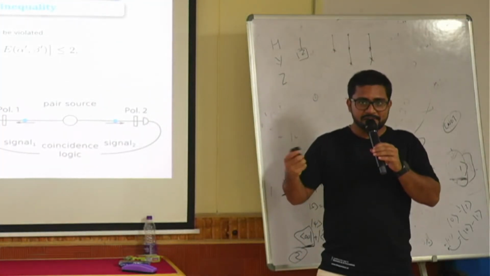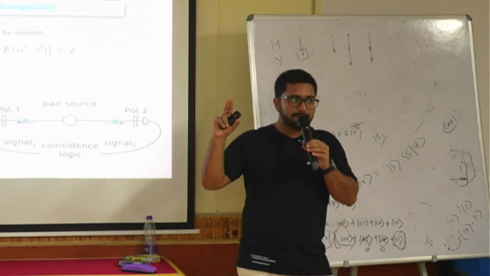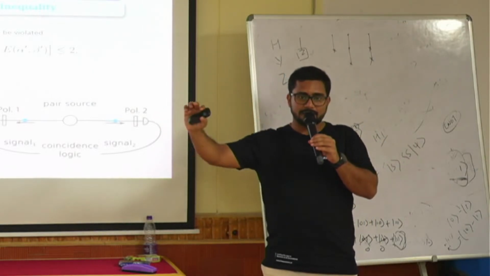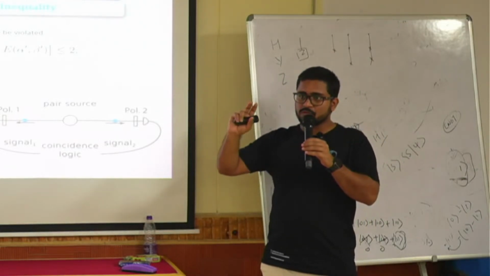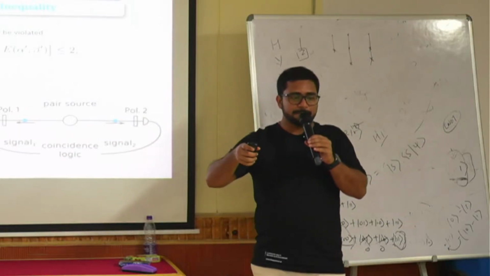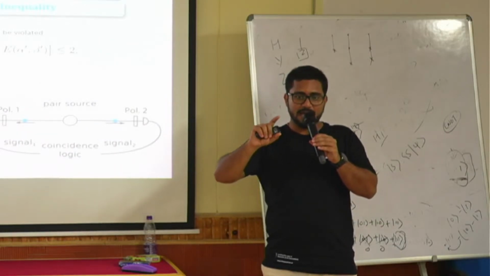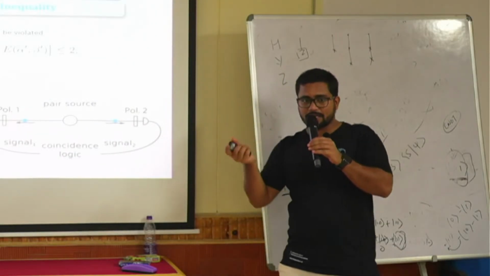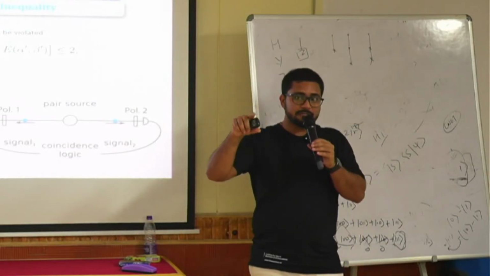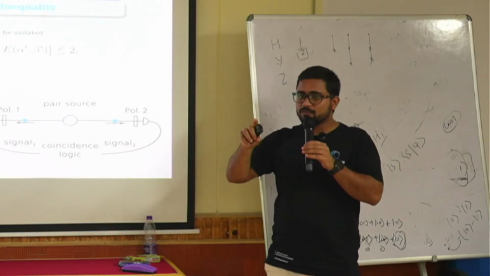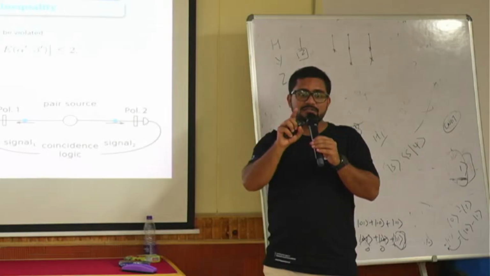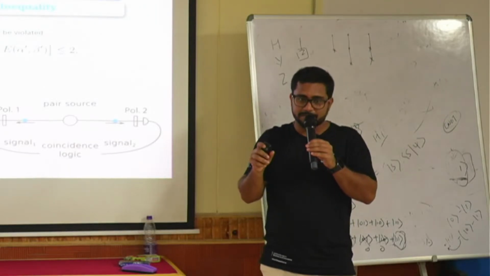So how will we measure entanglement? We will keep a photodetector in front of the light which is coming. That light can be measured using a photodetector and a wave plate, a quarter wave plate or half wave plate, set at certain angles. By using different angles, we choose which basis we are going to measure.